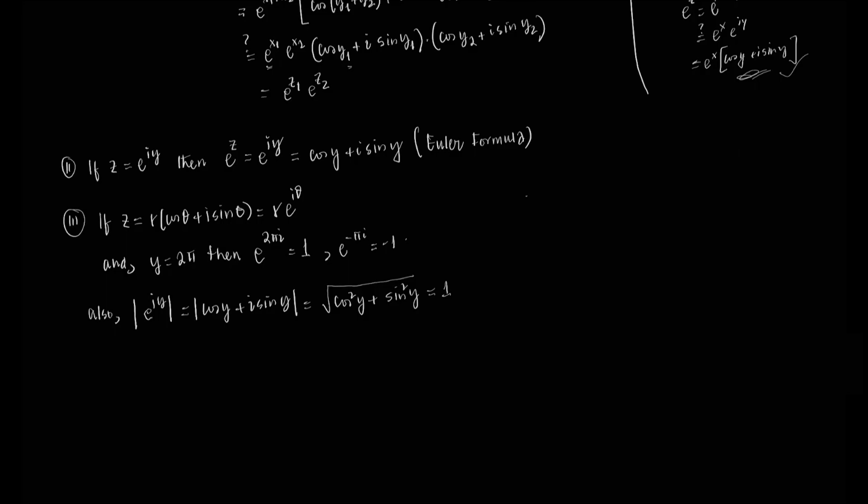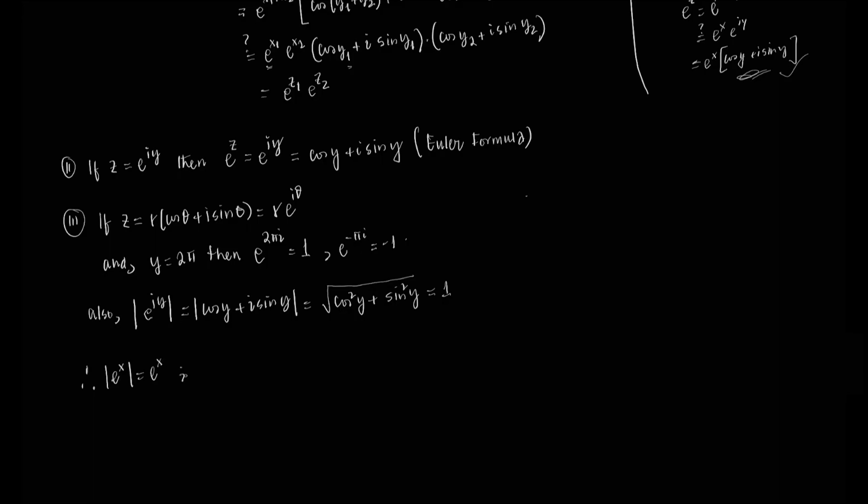So you see the pure imaginary exponents of the exponential function have absolute value 1 always. Therefore, mod e power x, where x is a real number, is always going to be e power x.